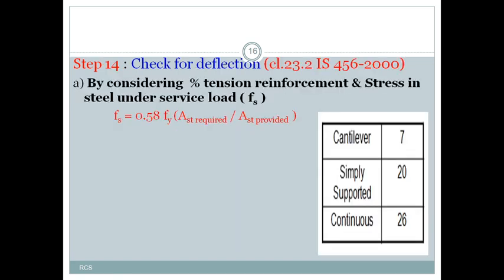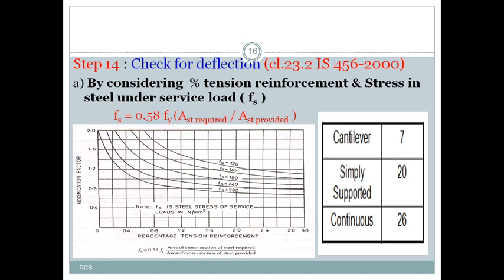Okay. Next, check for deflection. It is clause number 23.2 of IS 456-2000. Here, as we are providing reinforcement in compression as well as tension, we have to consider the percentage of tensile reinforcement as well as the percentage of compression reinforcement. Let us take part A, by considering the percentage of tension reinforcement and the stress in steel under service load, fs.